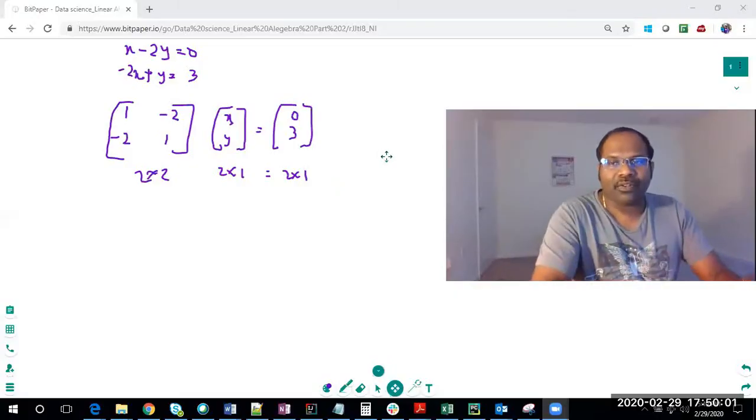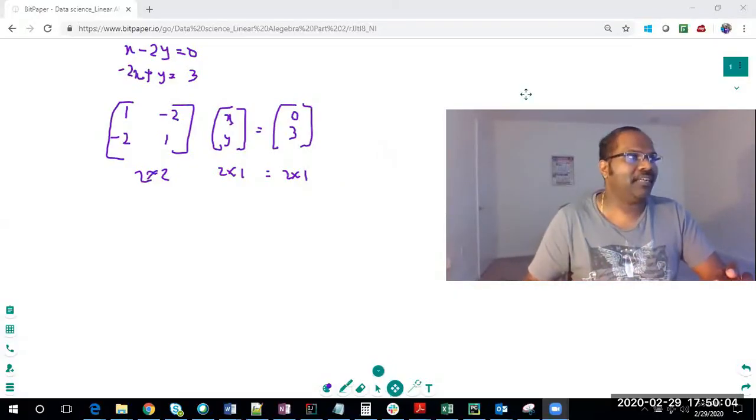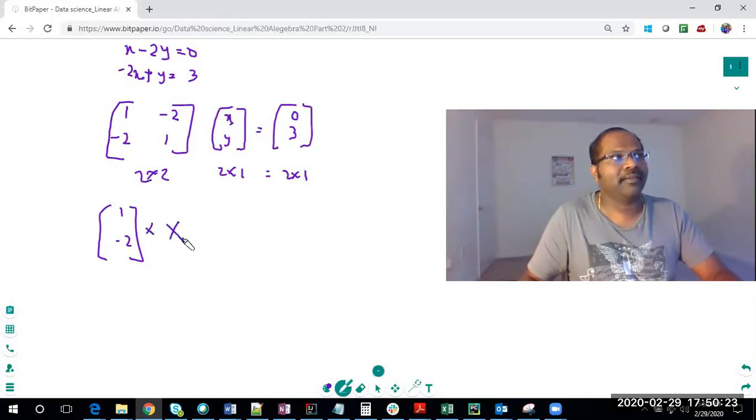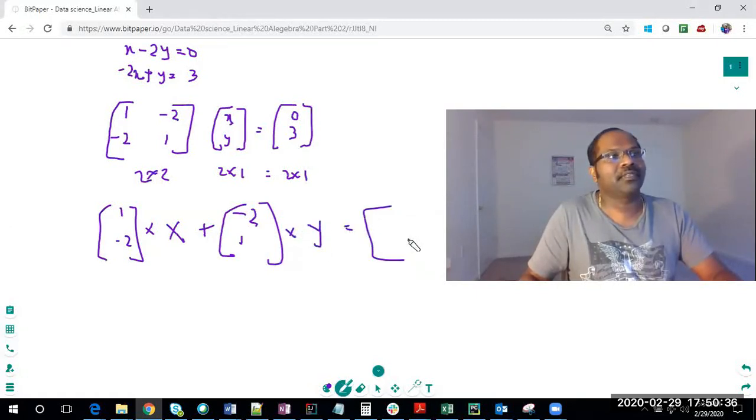When we do that, as part of easy multiplication, we can convert the matrix into two vectors. Let me do that. So 1, minus 2. This is one vector, and we are multiplying it with x, plus another vector, minus 2, 1, into y, is equal to the right side part.